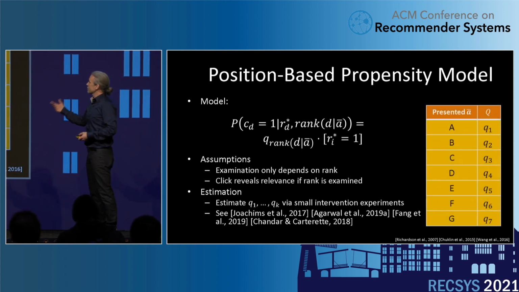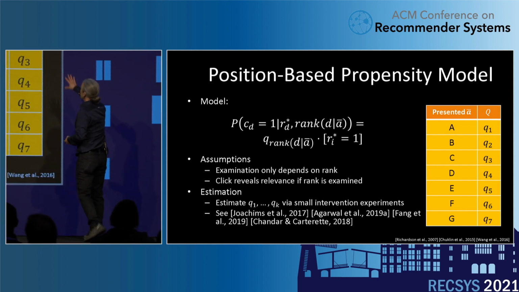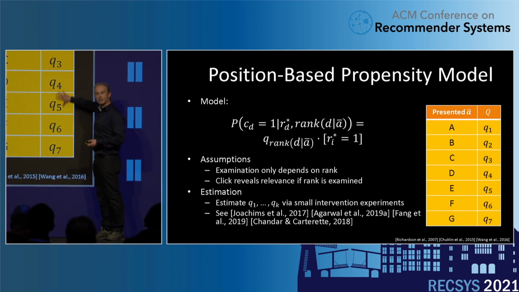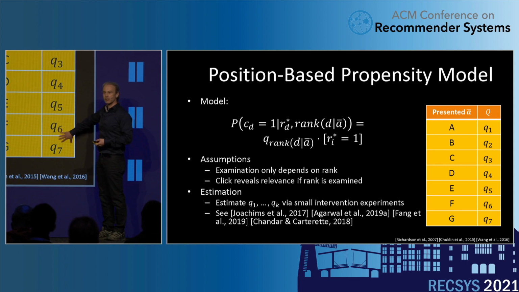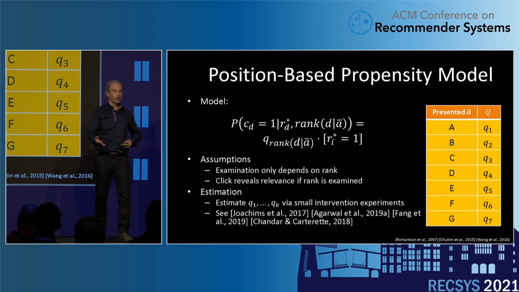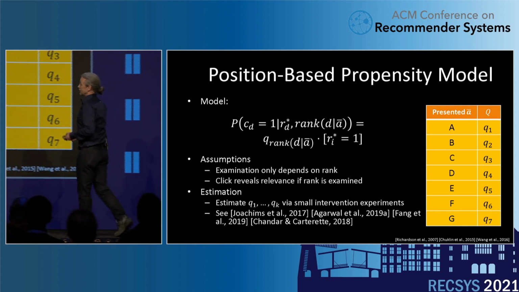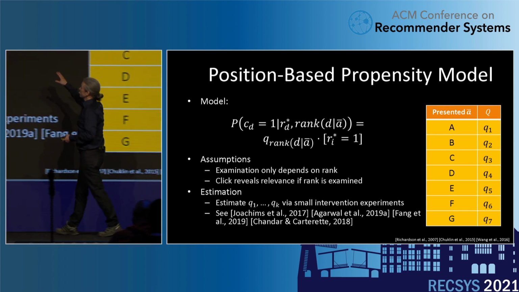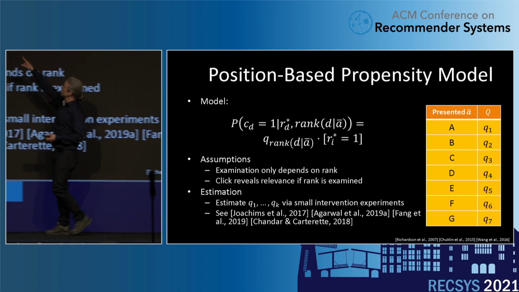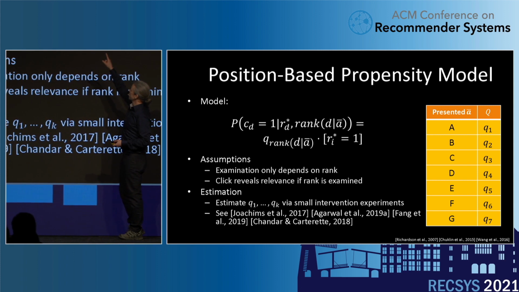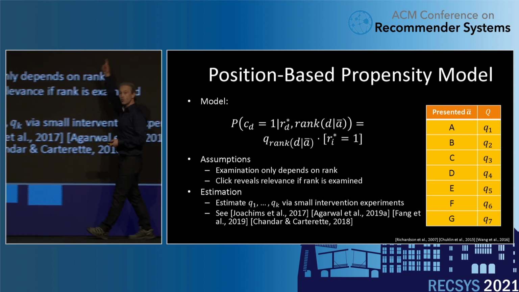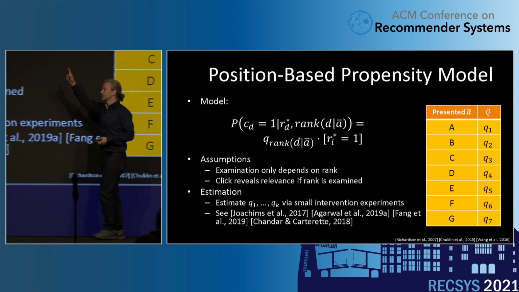The second thing, that's the more tricky one, is we need to come up with these observation propensities. How likely is it that the user is actually going to see this result? And there's a lot of modeling involved there. And the better our model there, the better the results. The simplest one is the position-based model, where we simply say that the probability of getting a click depends on the relevance of the result and the rank of that result.